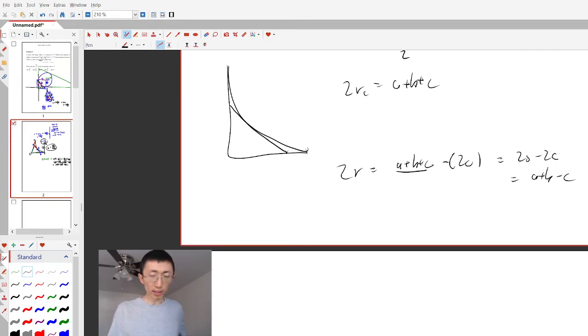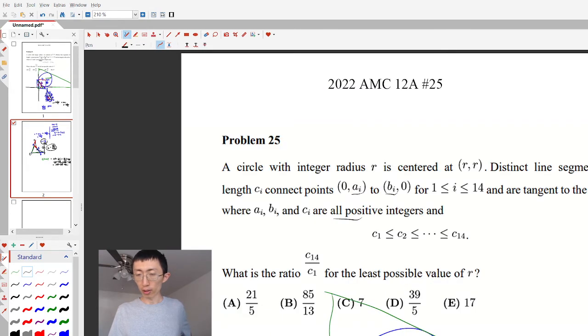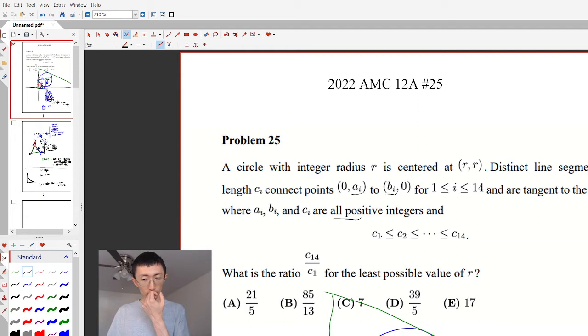So the problem says something about, you have to find the minimum value of R such that, well, first off, we should see, is R an integer?